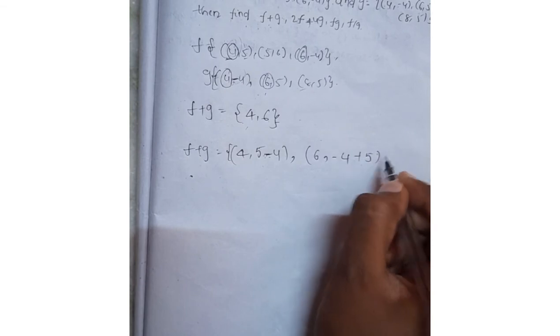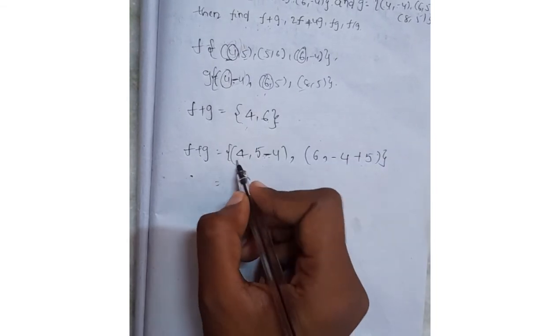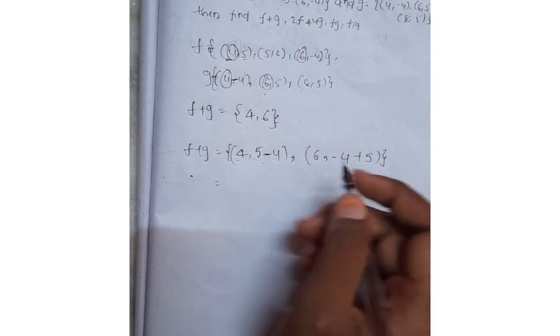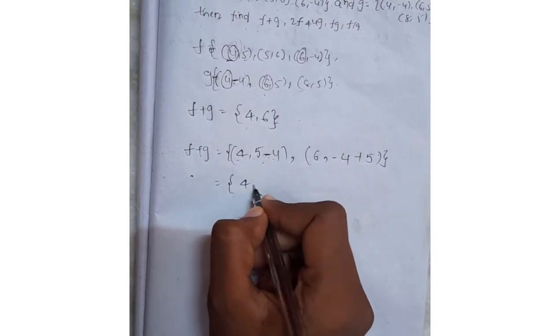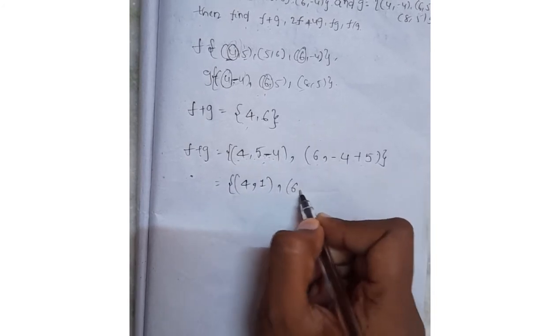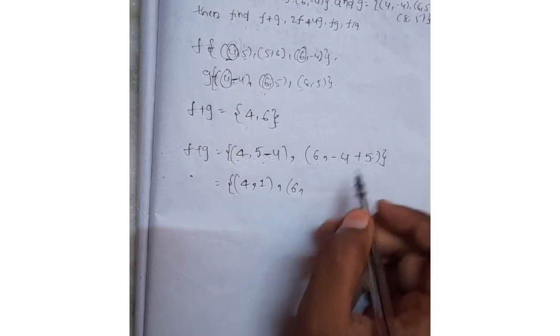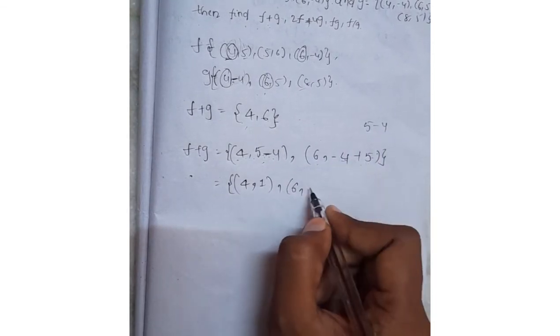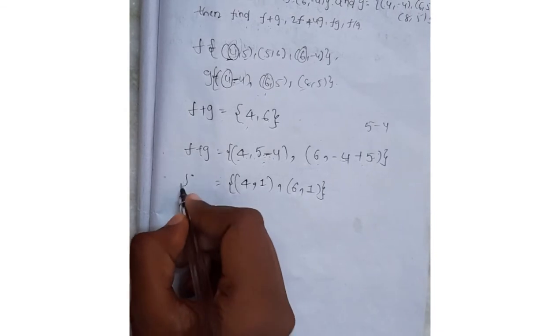The domain will be the same. Only the range should be added or subtracted, but the domain will remain the same. Now (4, 5 minus 4 is 1), and (6, 5 minus 4). Minus 4 plus 5 or 5 minus 4 is the same. So 5 minus 4 means 1. This is f plus g.